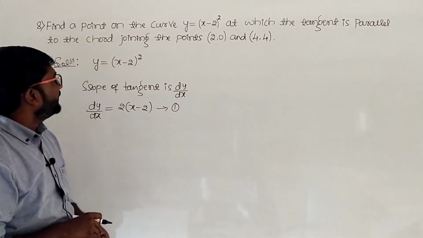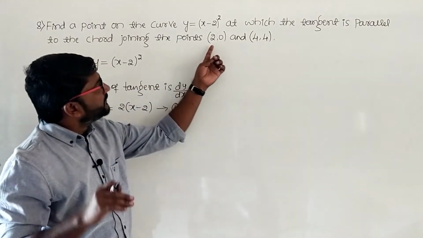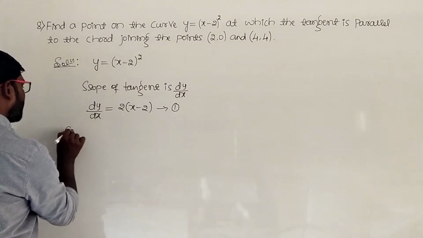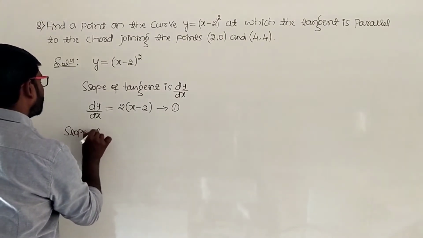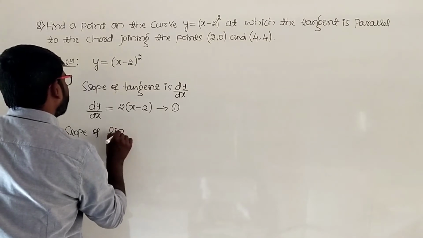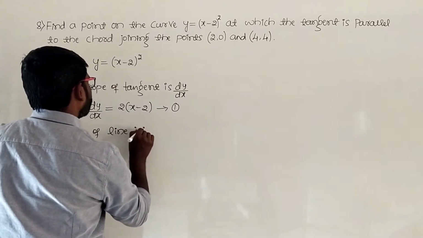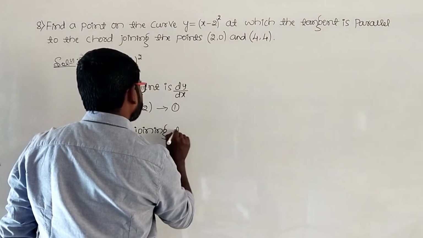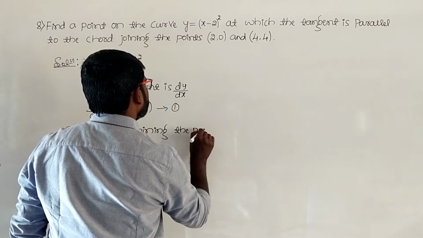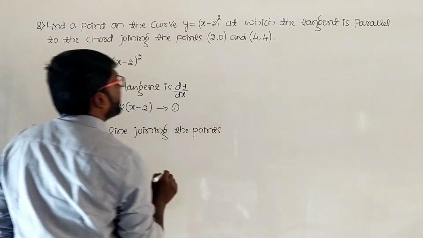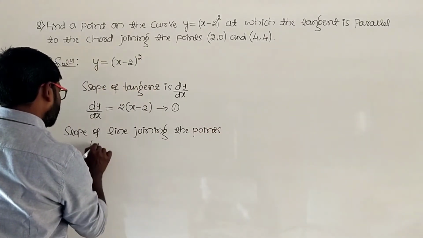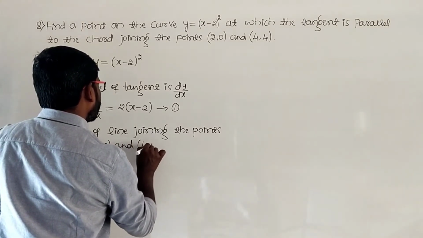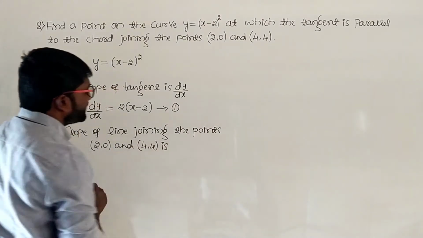Next we will have to find the slope of the line joining the points (2, 0) and (4, 4).